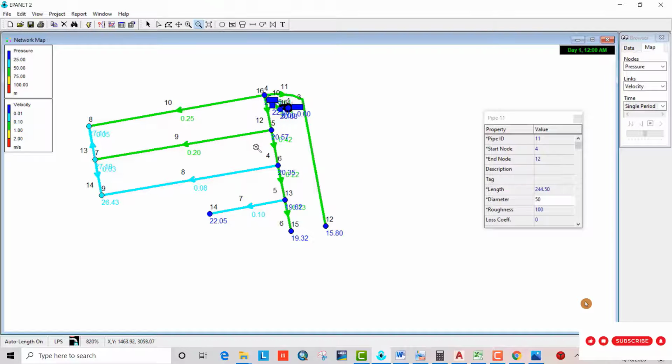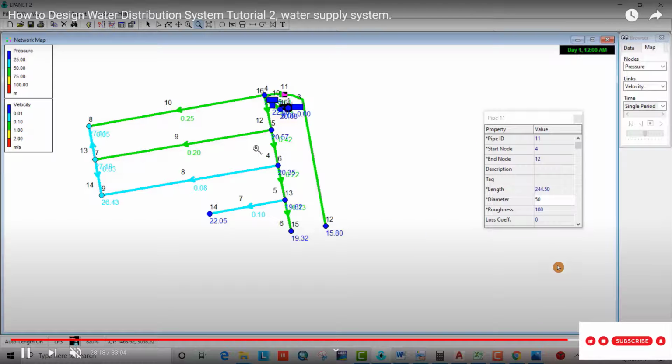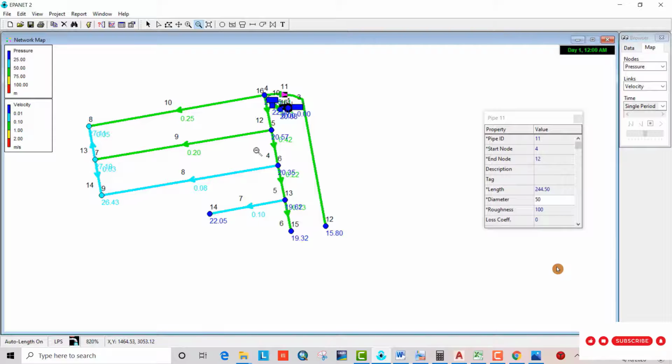In this way, you can continue till you get the pressure greater than 15, and the velocity. Sometimes you can't control the velocity; it will be less than the limit, because here we have such small discharge.